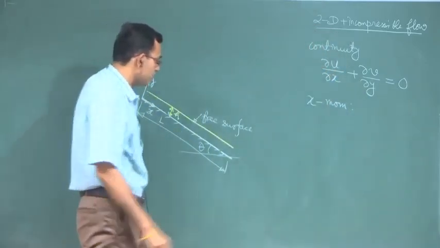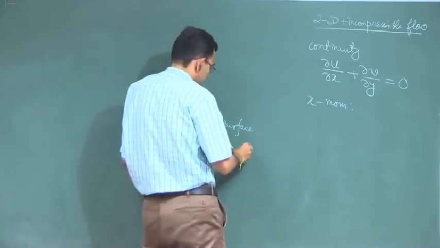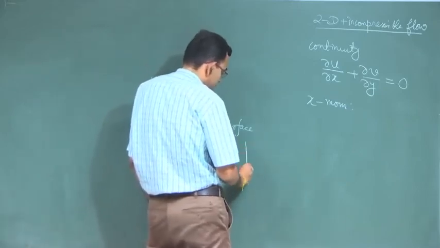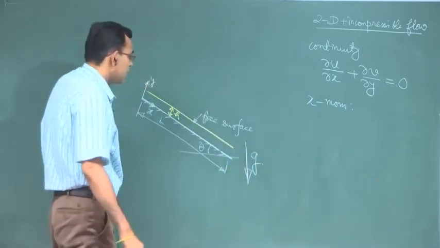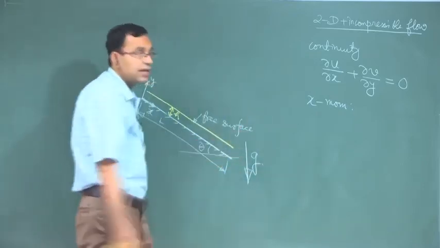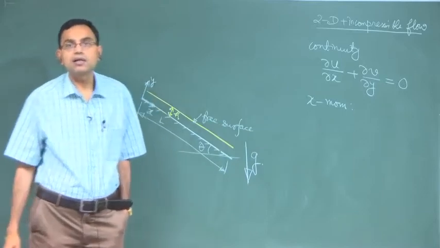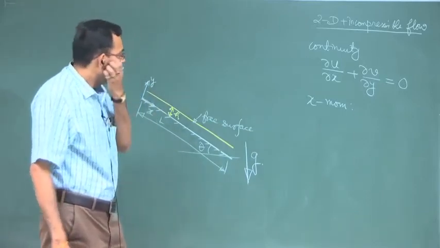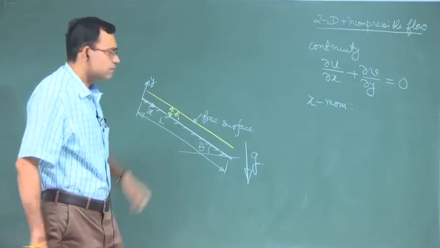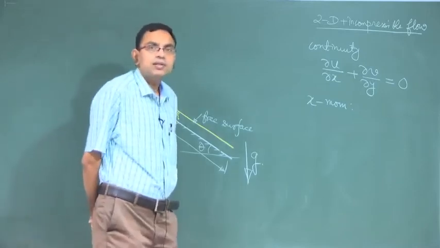Then the x momentum. Before understanding the significance of x and y, it is important to recognize that gravity is vertically downwards, that is what we are considering for this problem. So, we have the x momentum equation.